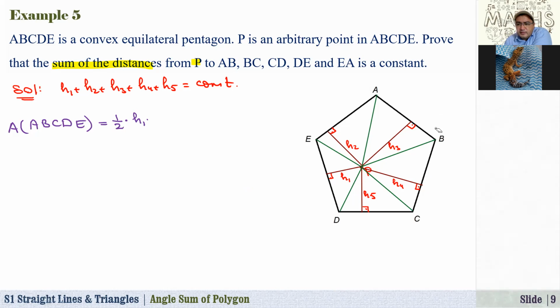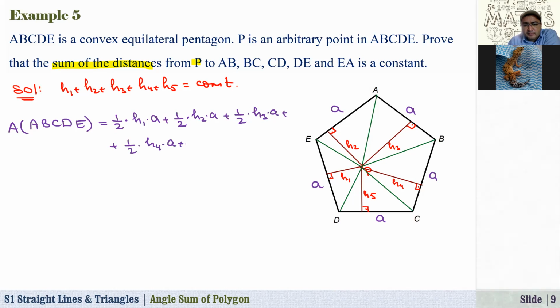Let me write here this side A, A, A, A, A. So 1/2 times H1 times A. The second part is 1/2 times H2 times A. The third one is 1/2 times H3 times A, plus 1/2 times H4 times A, and 1/2 times H5 times A.